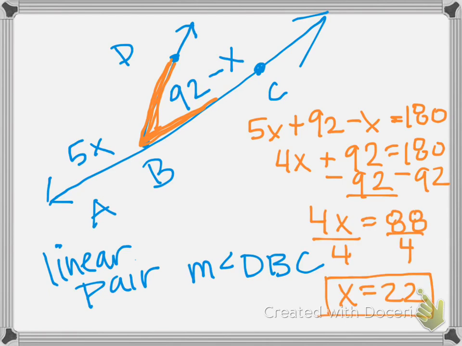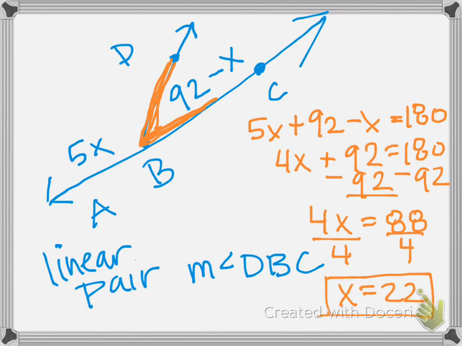Okay, so here's something that's kind of important. A lot of times in these geometry problems, they ask you to find x, but they're really asking for the angle. Okay, so I finished solving this. I subtracted 92, got 88, divided by 4, and got 22. So x is 22.